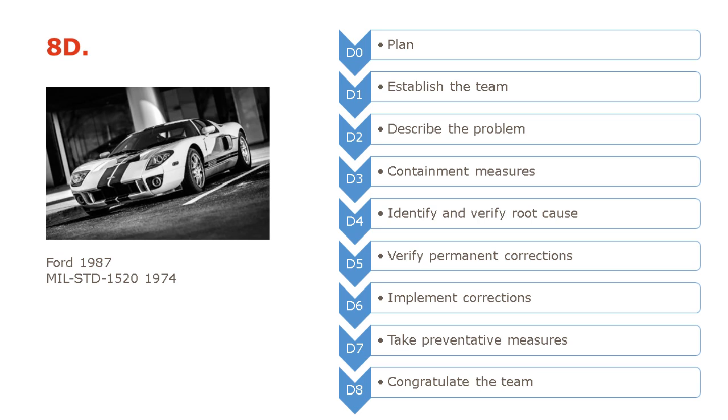So we have this D0, which is a planning step, where we might collect information, check what symptoms are happening, understand if we need to put an emergency response in place, and really get a feel for what is the target of what we're trying to fix here. Once we've done that, we can establish a cross-functional team, and they can then describe the problem in as much detail as possible.